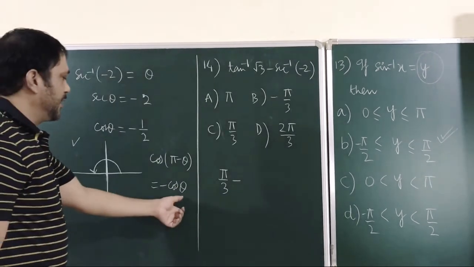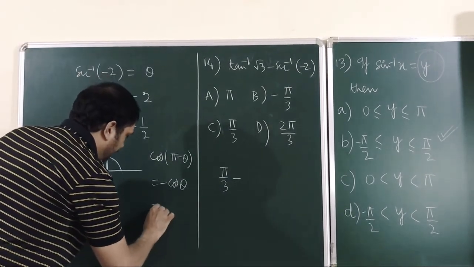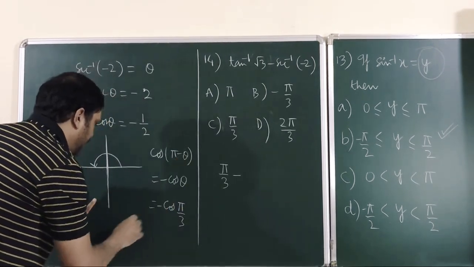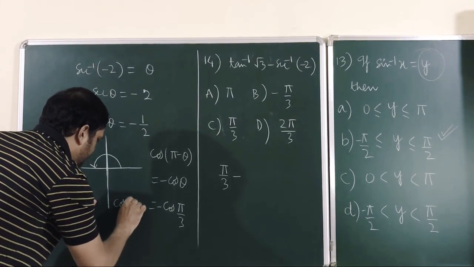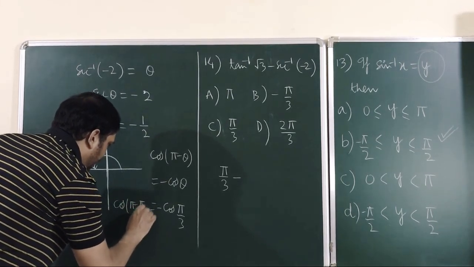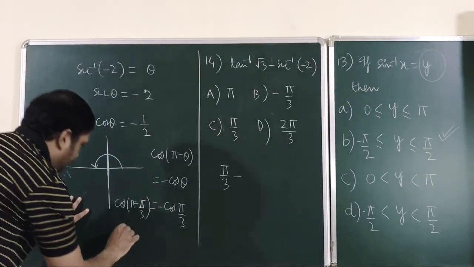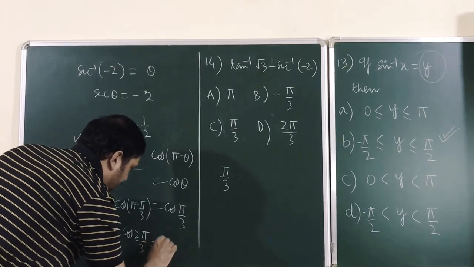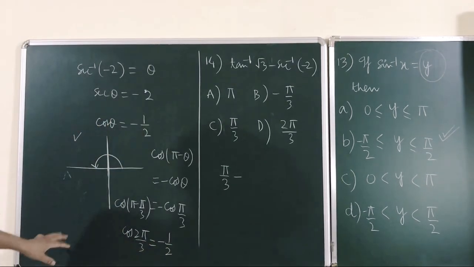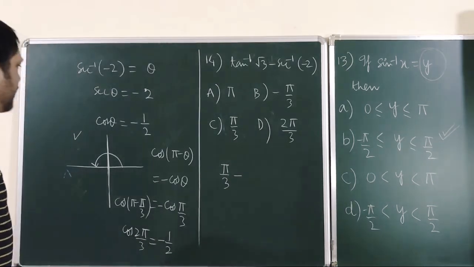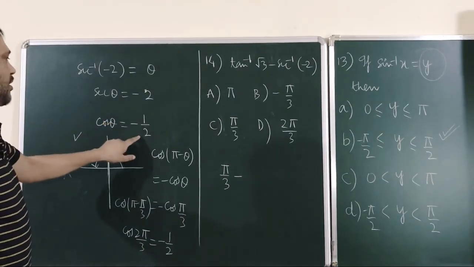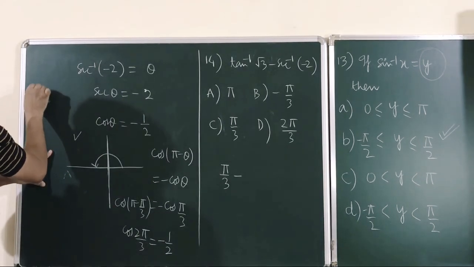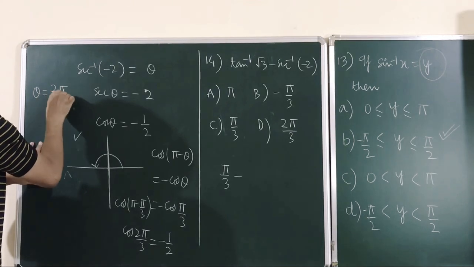Clear? So if I take theta equal to pi by 3, I get minus cos pi by 3. Here I will also write pi by 3. We get cos of pi minus pi by 3, which is 2 pi by 3. So cos 2 pi by 3 gives the answer minus cos pi by 3, which is minus half. Okay, so cos theta equals minus half, or sec theta is equal to minus 2. So theta has to be 2 pi by 3.